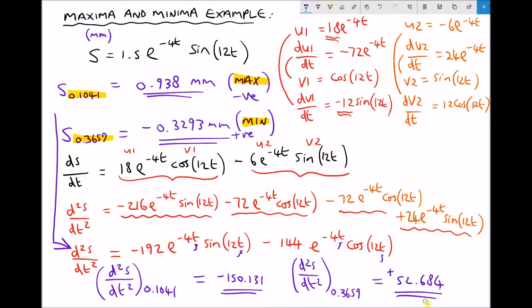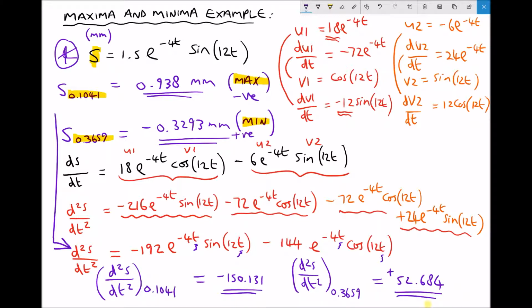So just to summarise, we use the first order derivative in order to determine the time where our turning points occur for this function. Once we had the time where the turning points occurred, we were able to determine the displacement at each of those turning points.